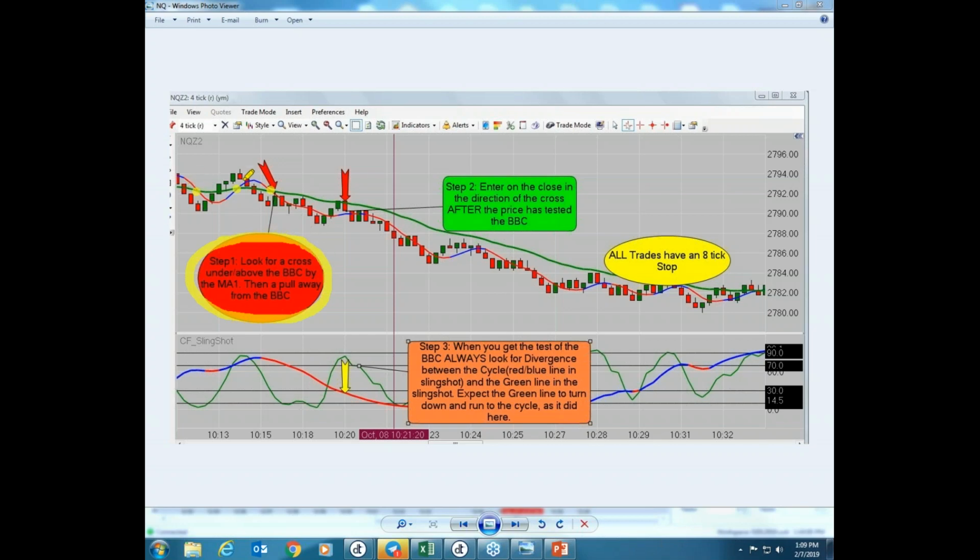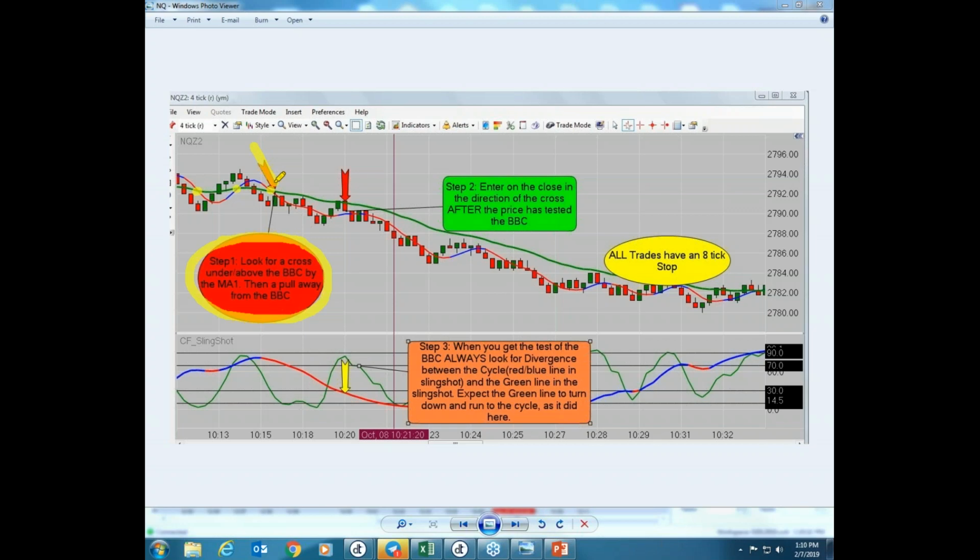If the MA1 is red, you're looking for selling opportunities. Okay? If the MA1 is blue, you're looking for buying opportunities. Okay? The one that's highlighted here is a bearish cross. So you're looking for selling opportunities.